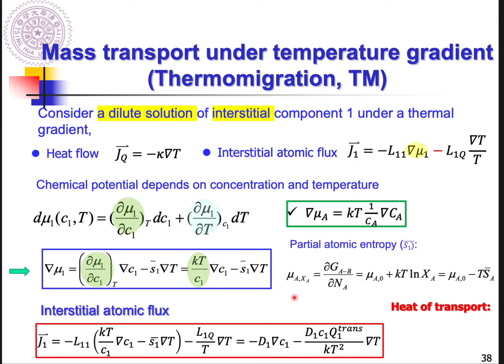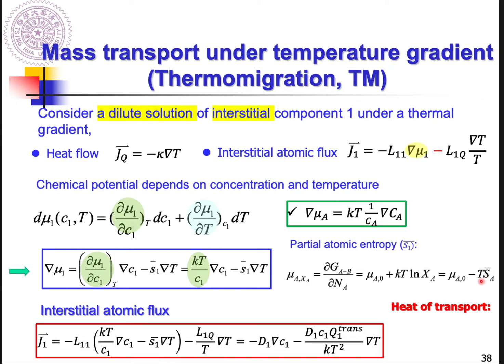The chemical potential μA at XA can be expressed like this, right? The pure chemical potential of A plus this composition term, and this composition term can be rewritten as minus T SA bar. SA bar here is the partial atomic entropy.